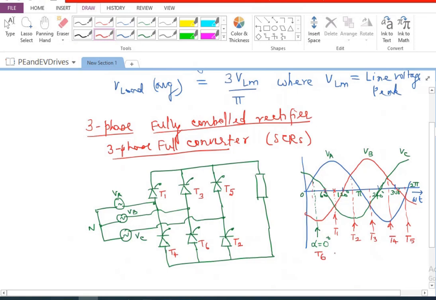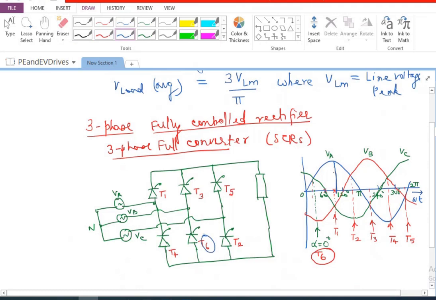This is how each of the devices will be fired. So when I am firing T1, T6 must have been already conducting, hopefully. If T1 is fired at this point, and T6 is already conducting, T6 belongs to B phase.